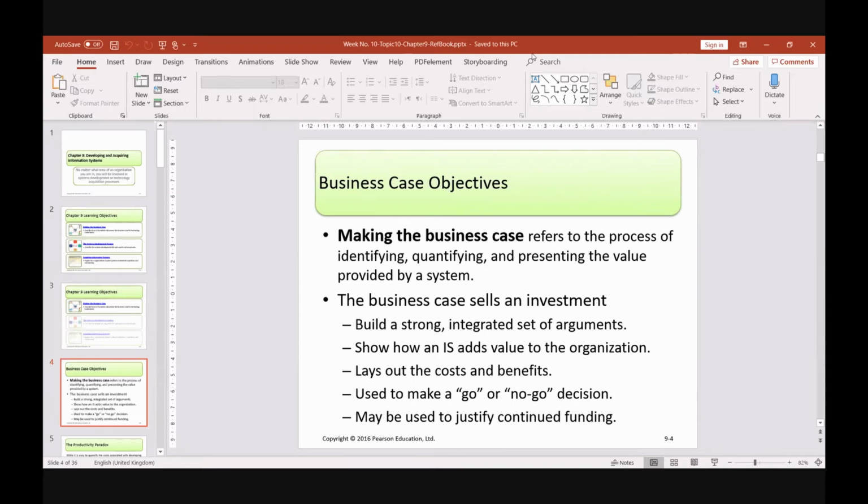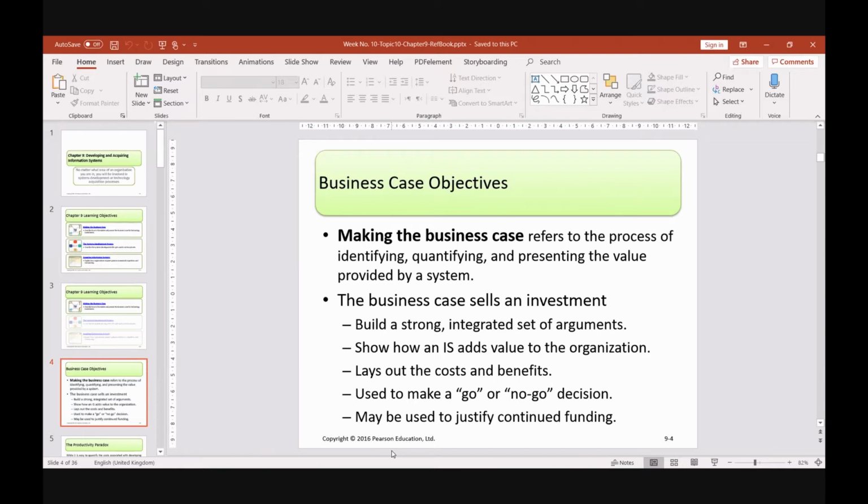Yes, right. Okay. So the very first thing is making a business case. Your organization needs an information system and you have to present this case to the top management, to the executives. The executives will decide what to do with that. So making the business case refers to the process of identifying, quantifying, and presenting the value provided by the system.